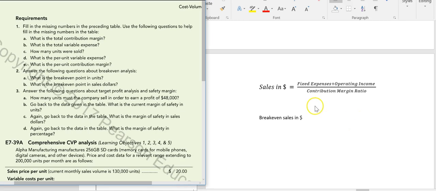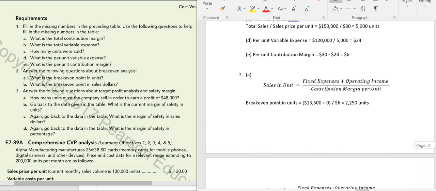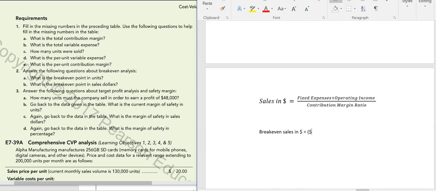It's actually fixed expenses, 13,500, plus operating income, but we know at break even operating income is 0, divided by contribution margin ratio.